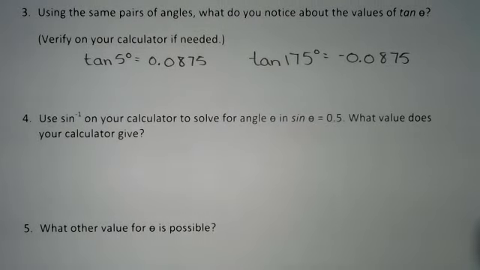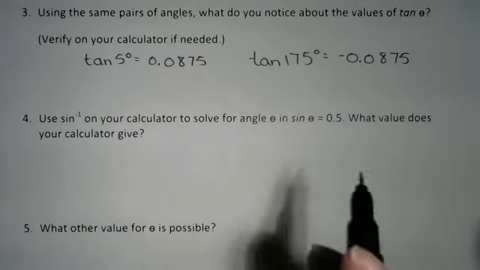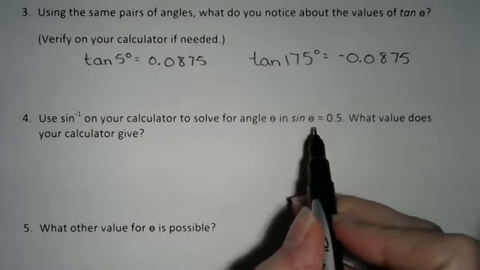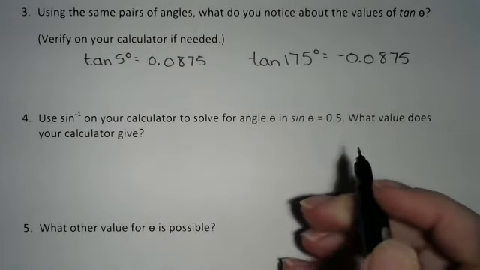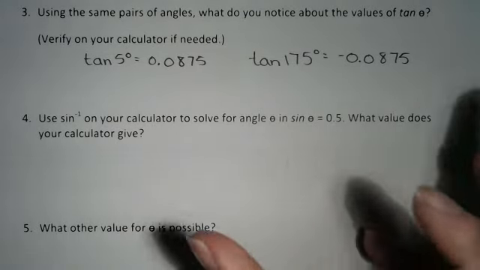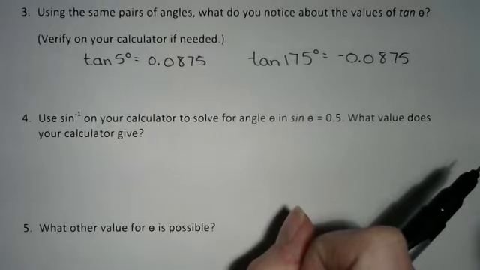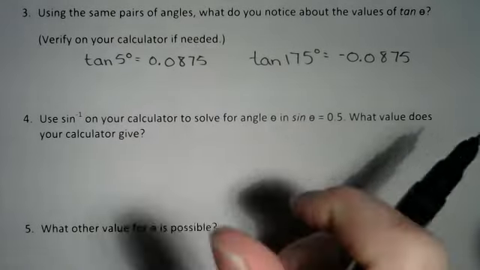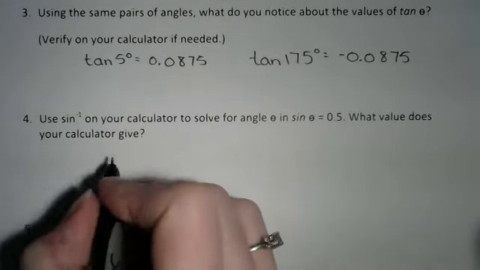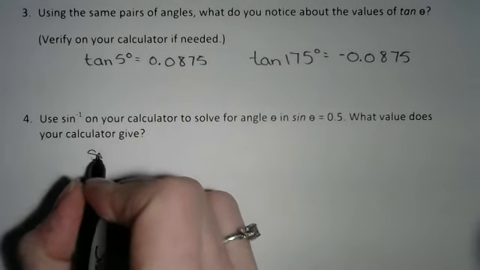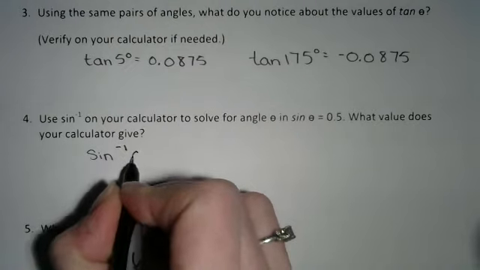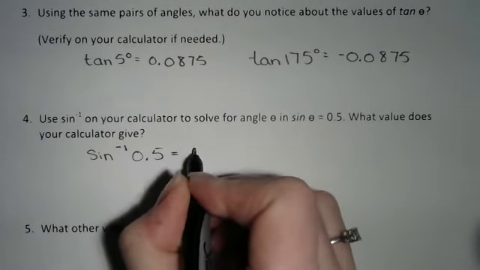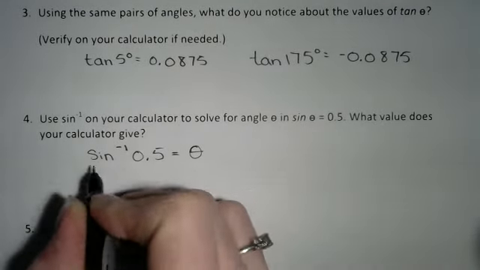So this is interesting. If we use sine inverse on our calculator to solve for theta, if sine theta equals 0.5, what value does your calculator give you? It's really important that we start thinking about our calculators and how they work. You're smarter than your calculator. So if we punch this into our calculator, we're calculating sine inverse of 0.5 to find theta.